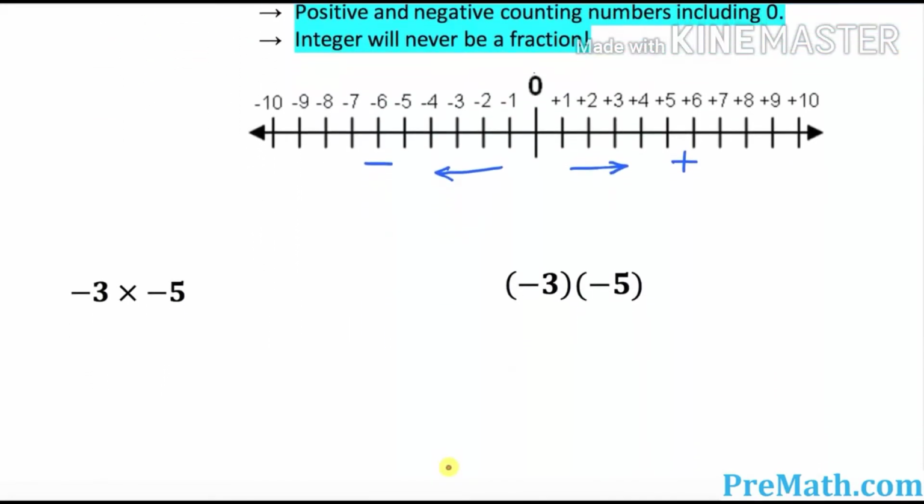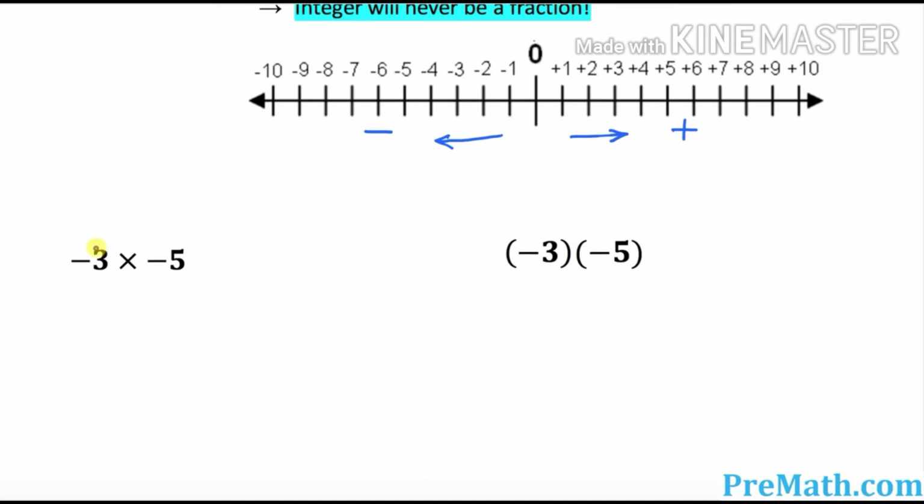How about this one? We've been asked to multiply negative 3 times negative 5. From the above example, we have noticed that negative times negative is always positive, and 3 times 5 is what? 15. So this becomes positive 15, or just simply 15, because positive 15 and 15 are the same thing.